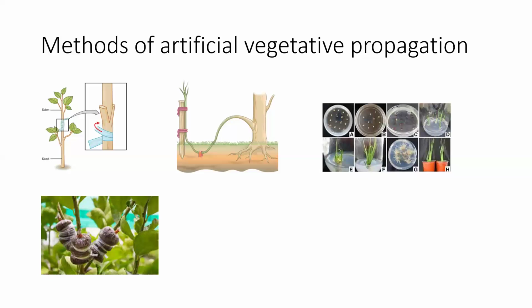For example, you have a mango that produces very many fruits, but those fruits are not very delicious. You want that characteristic of producing very many fruits.